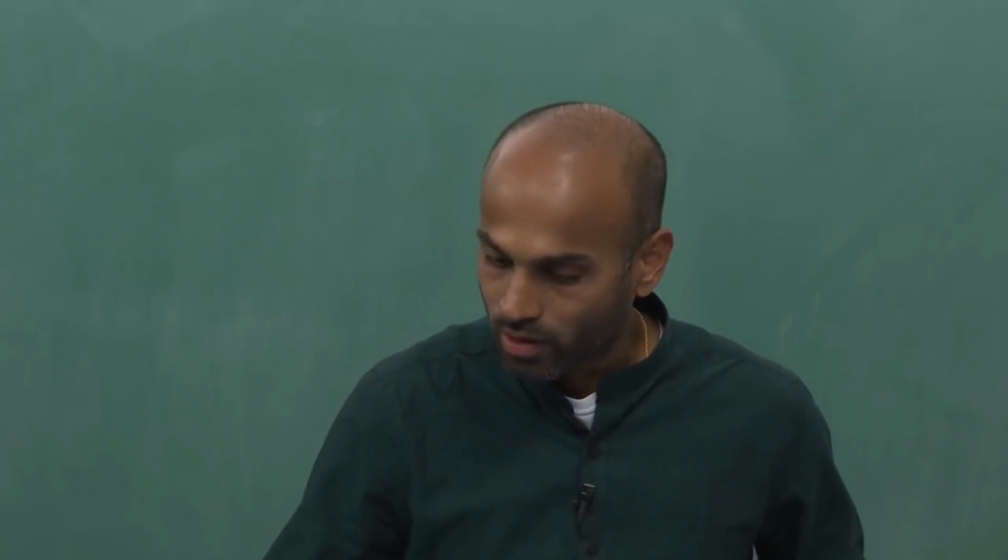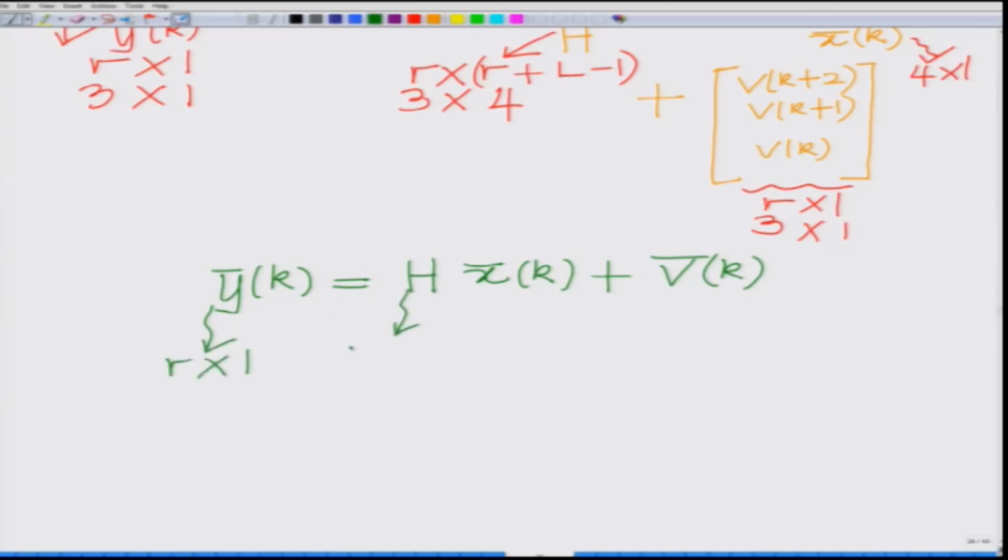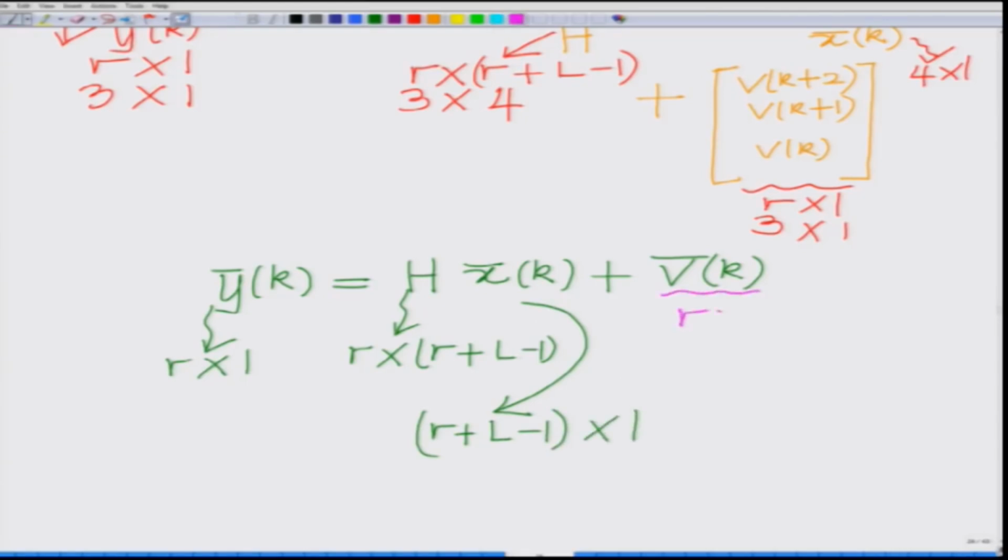So, let me just write this down again to summarize this thing. If we consider an R tap equalizer, I have y bar k equals H times x bar k plus V bar k, where y bar k is R cross 1, H is R cross R plus L minus 1, x bar k is R plus L minus 1 cross 1, and V bar k is simply an R cross 1 vector.